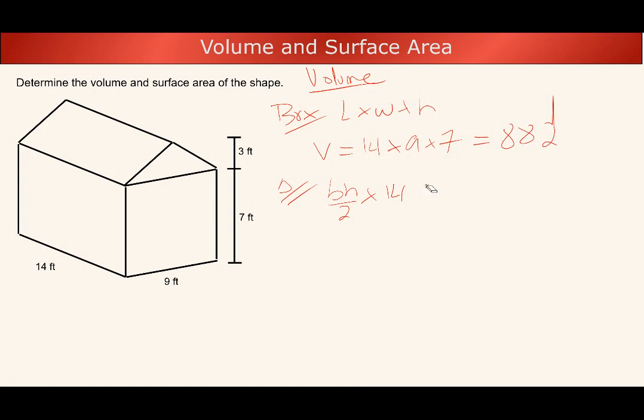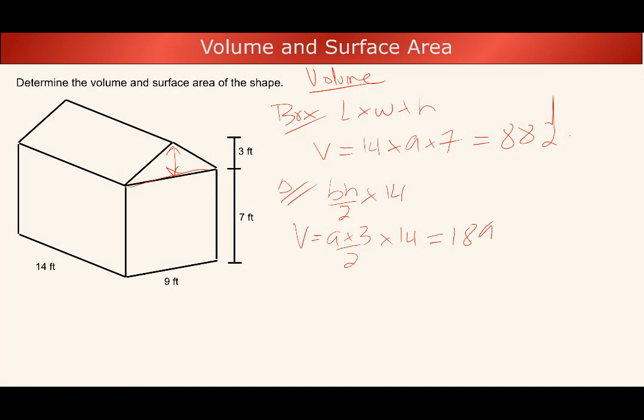So the volume here will be equal to 9 times 3 over 2. So that's 9 here times 3 here over 2. That's the area of the triangle, times 14 to multiply it through that volume. 9 by 3 divided by 2 times 14 equals 189.